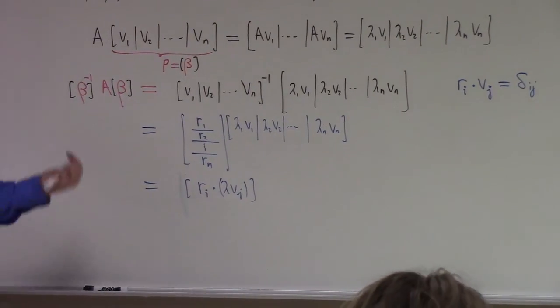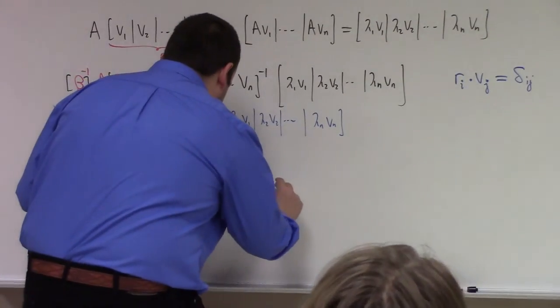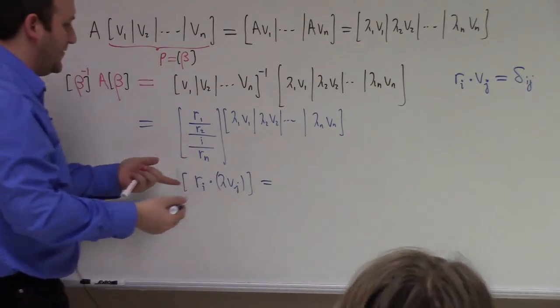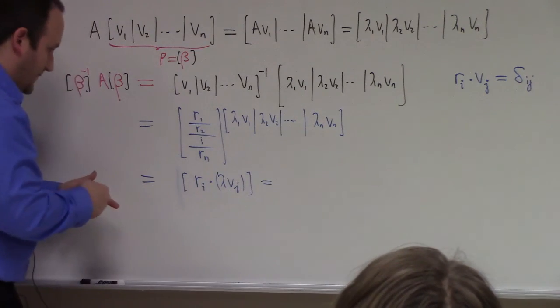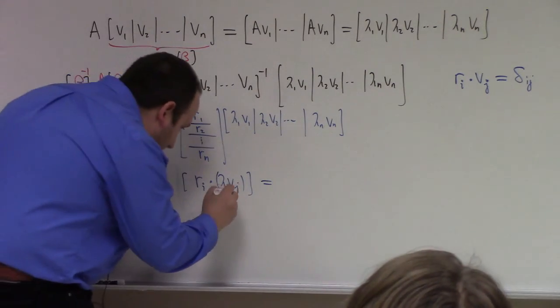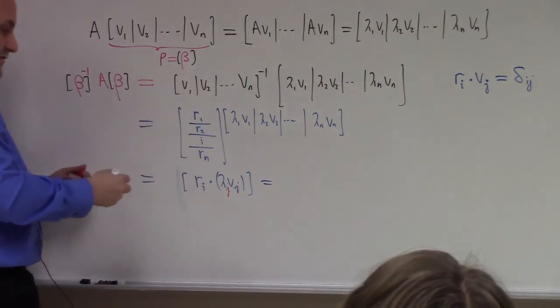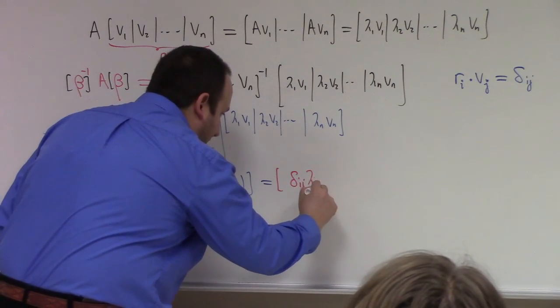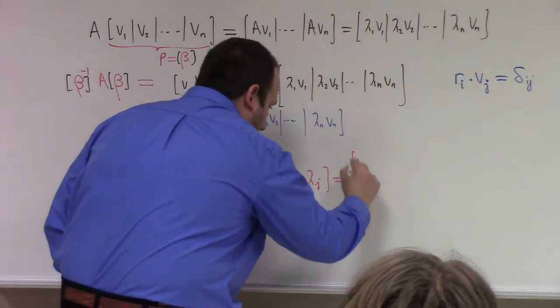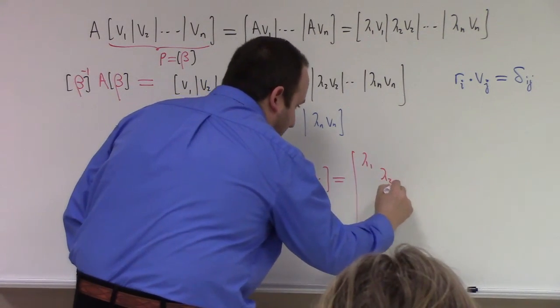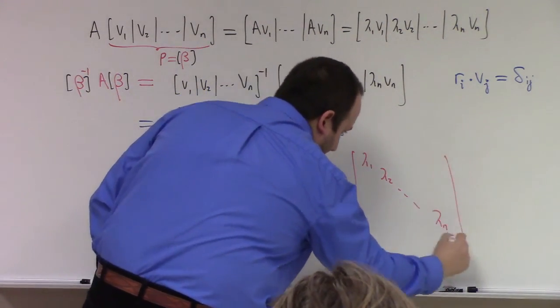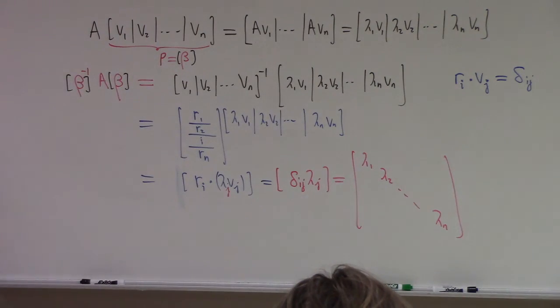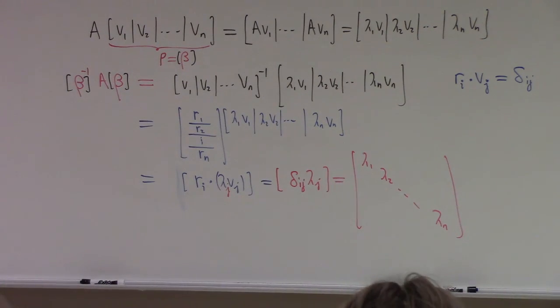Pull the lambda out, and you have, well, excuse me, that's not just arbitrary, that's lambda what? Yes, I heard it. J. So this gives us the matrix Kronecker delta ij lambda j, which is to say lambda 1, lambda 2, lambda n. So there you have it.